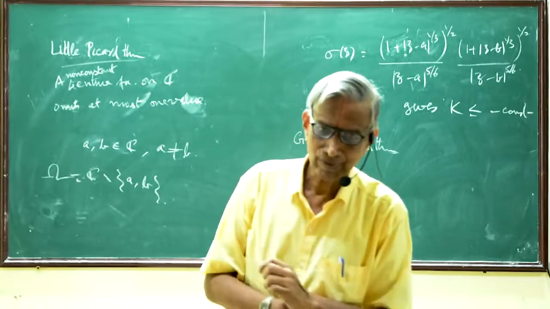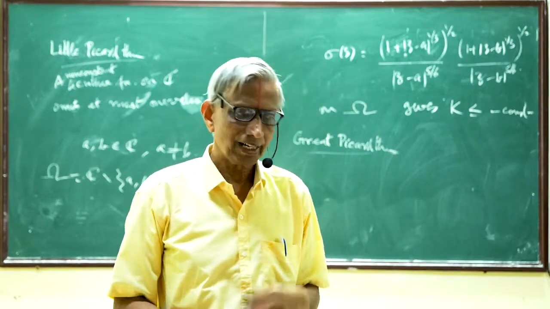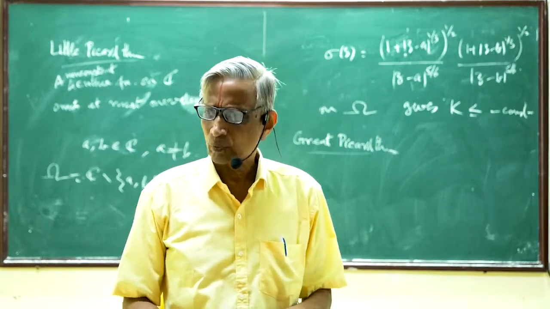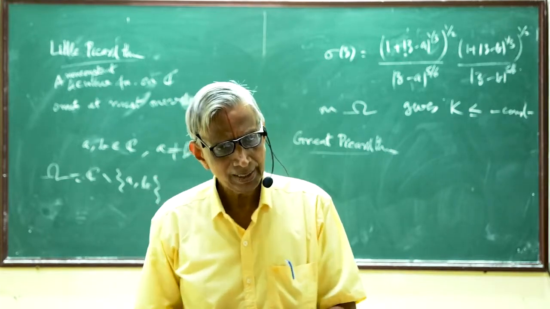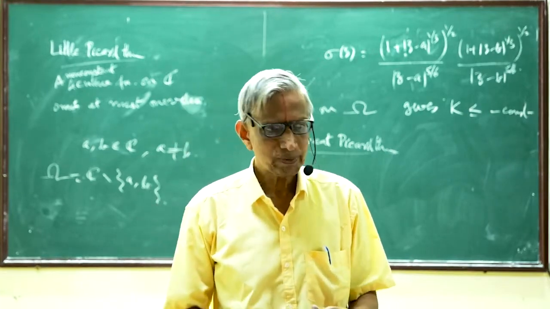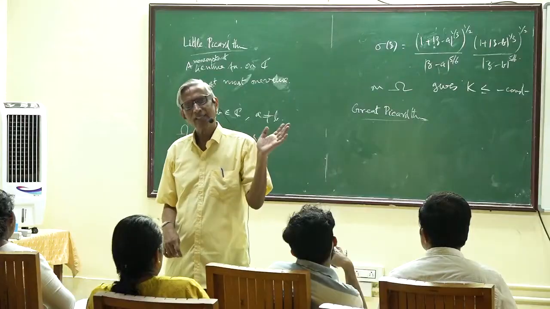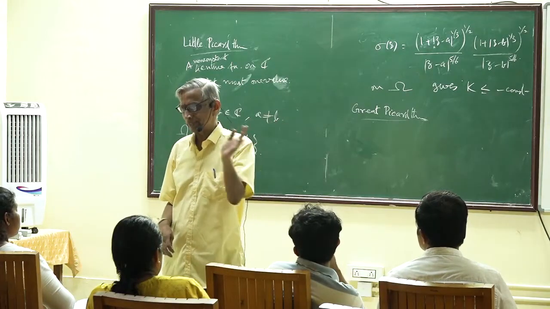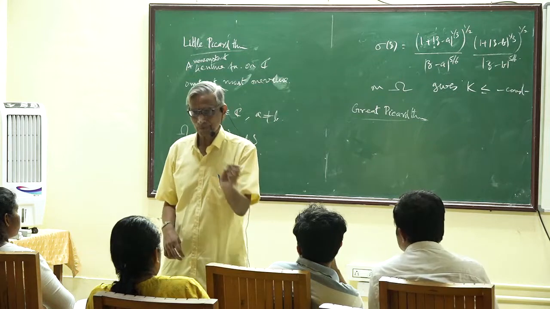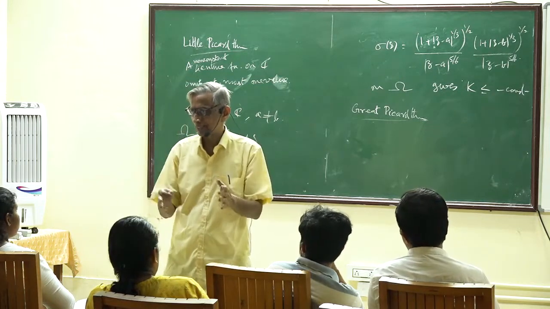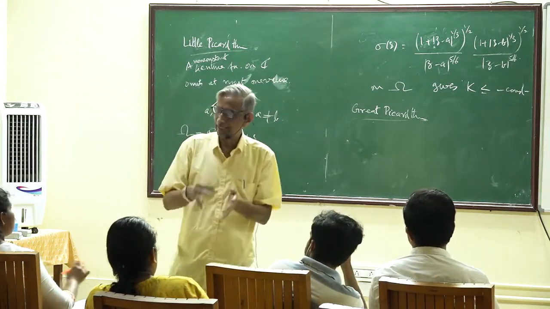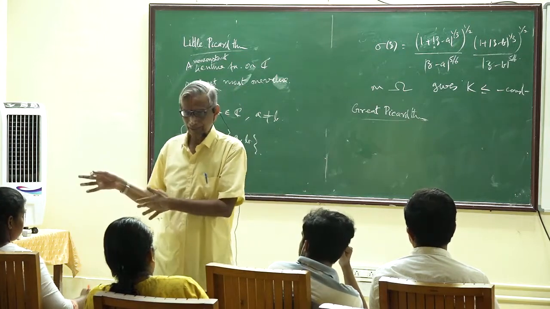Essentially an easy consequence of the Ahlfors-Schwarz lemma. But why is it called the Ahlfors-Schwarz lemma? You remember what the Schwarz lemma says? If you have an analytic function from the unit disk to the unit disk that takes 0 to 0, then |f(z)| is less than or equal to |z|, and |f'(0)| is less than or equal to 1.